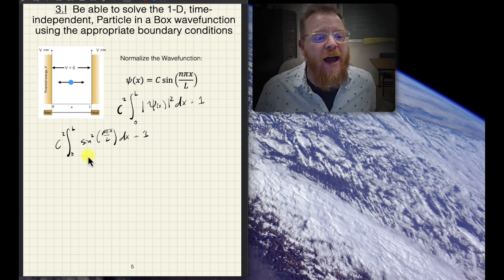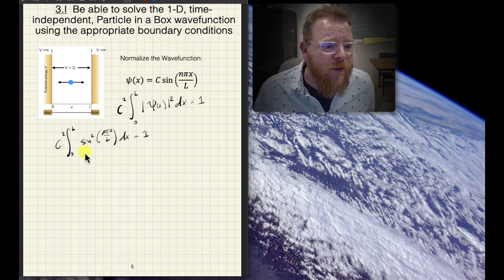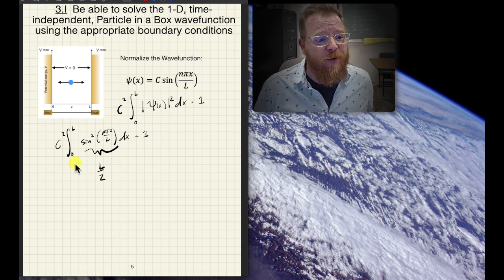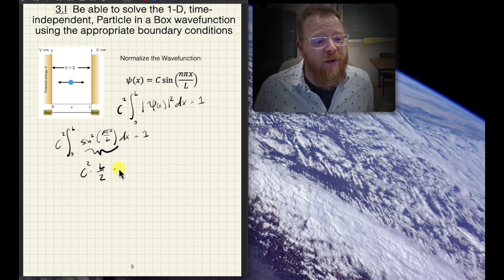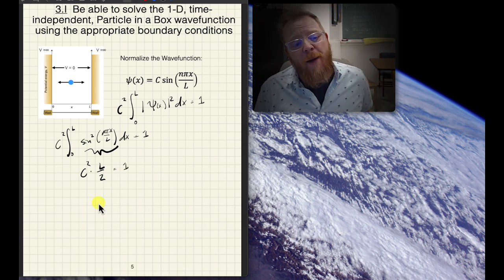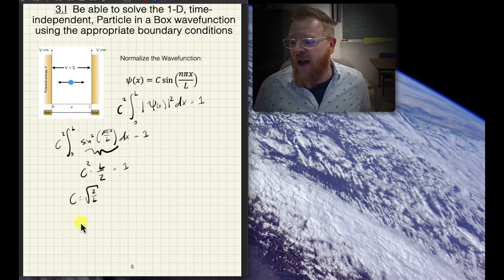Recall now the definite integral of sine squared of n pi x over L evaluated from 0 to L equals L over 2. And then we still have the c squared, and that all equals 1. So doing some quick algebra here, we can see that c equals the root of 2 over L.